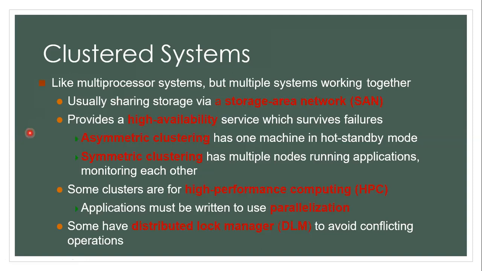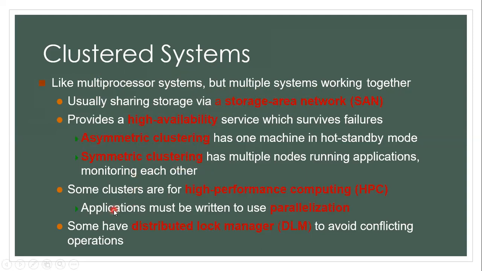As I have said, these clusters are like multi-process systems, but they will have multiple systems working together. They usually share a storage device, as I have said, and it will have high availability services. Basically, there will be two types of clusters: asymmetric clusters and symmetric clusters, which we'll be seeing in the later slides.